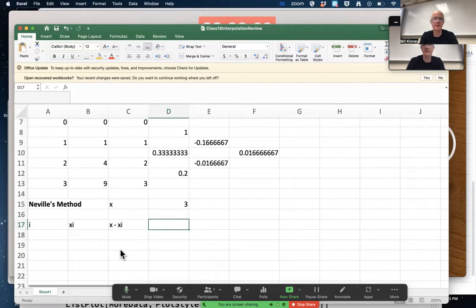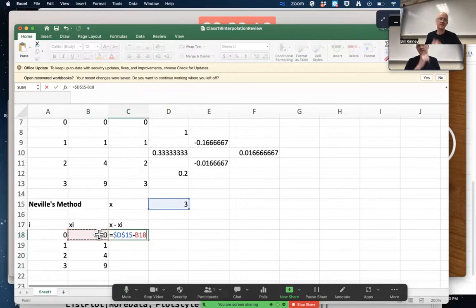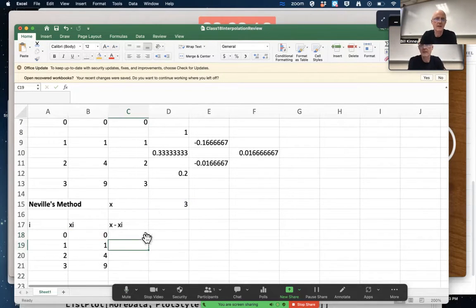That is probably worth reviewing. But first, let's plug in the i's and the xi's. x minus xi. Let's go ahead and use a fixed cell reference, E15 minus that, using dollar signs, technically called an absolute cell reference. Copy and paste that down.